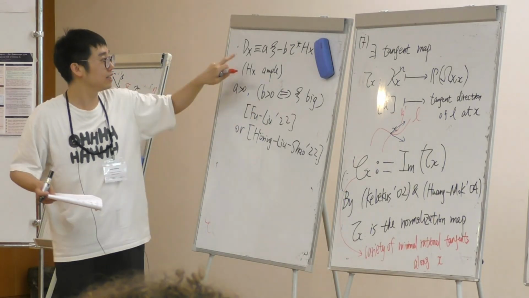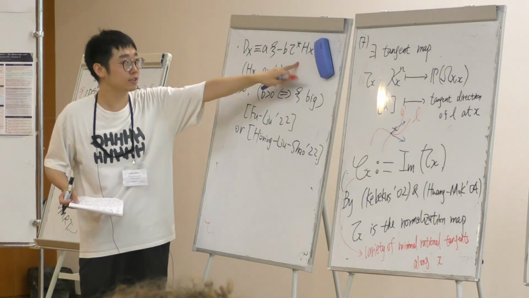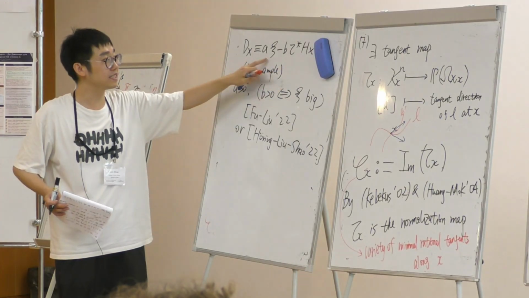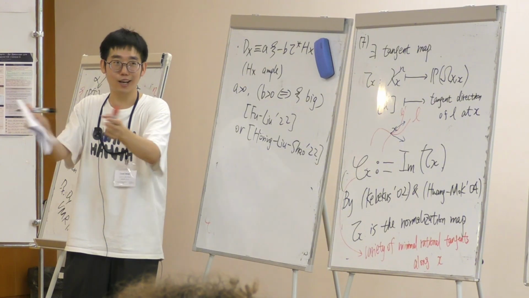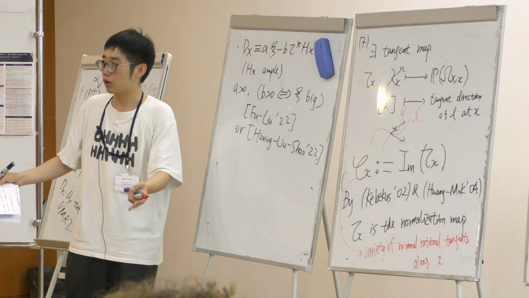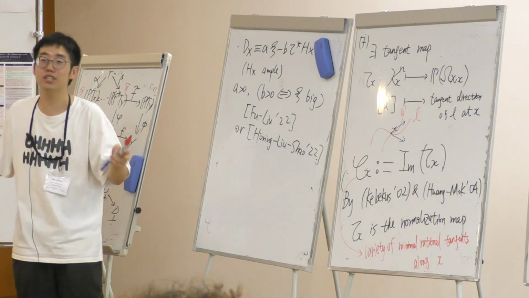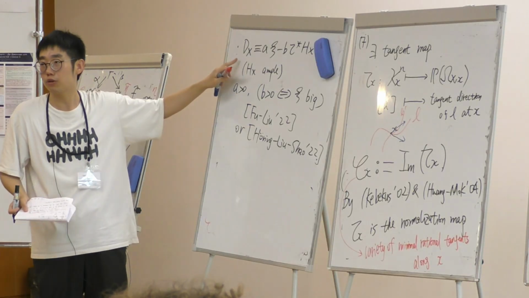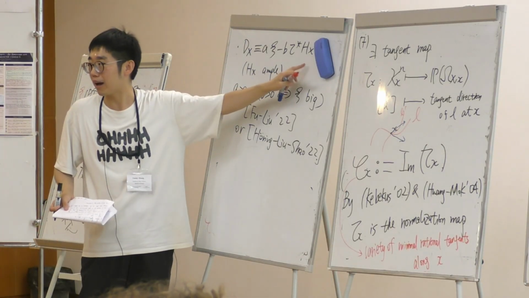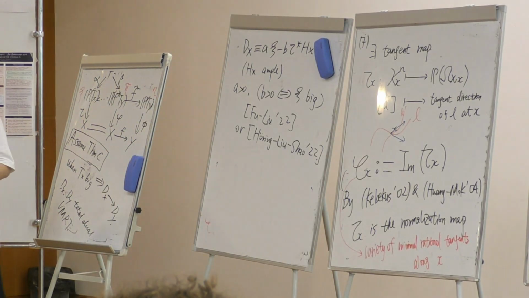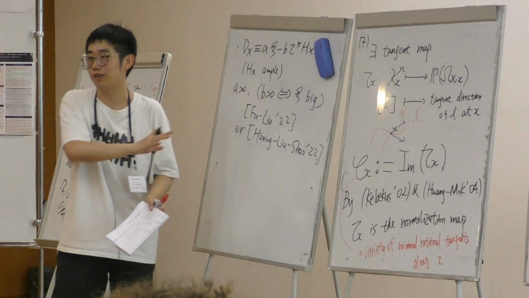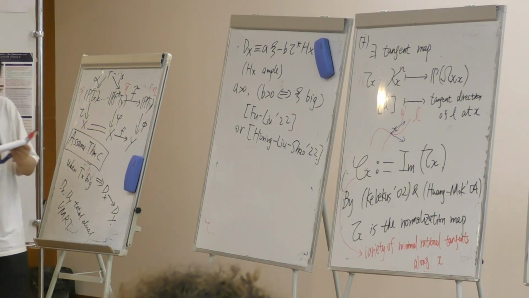You can imagine that this is an extremal divisor. This is also an extremal divisor, and if this xi is big, then it lies in the interior of the pseudo-effective cone, and the pseudo-effective cone has two generators. One is DX, the total dual of MRT. The other one is the pullback of HX. So this B is positive if and only if xi is big. But actually, it is more involved, but I skipped the details here.